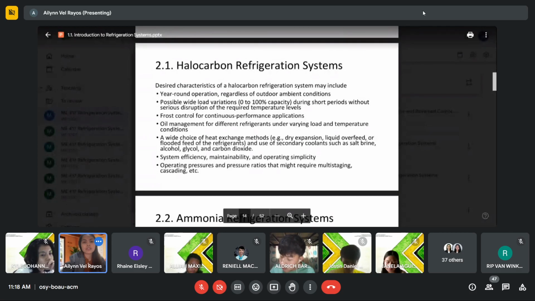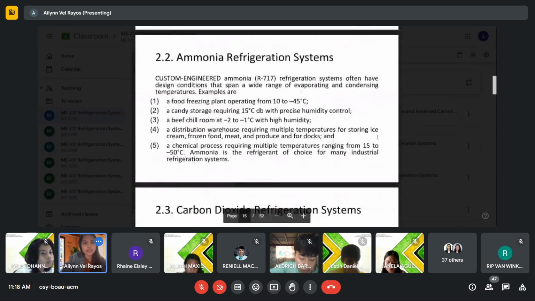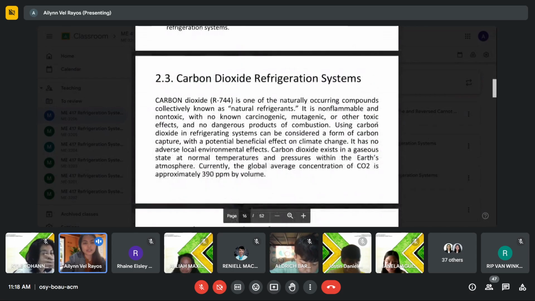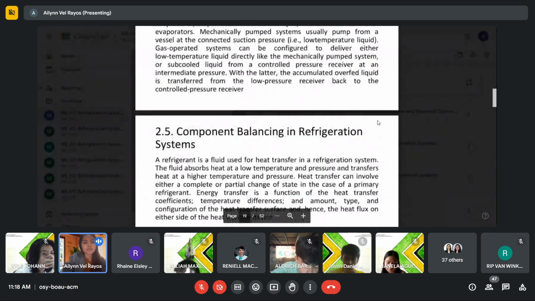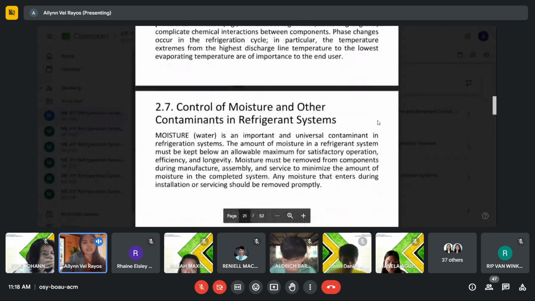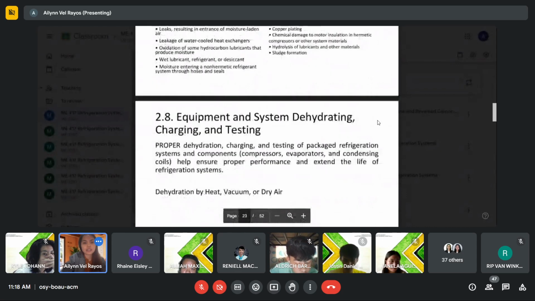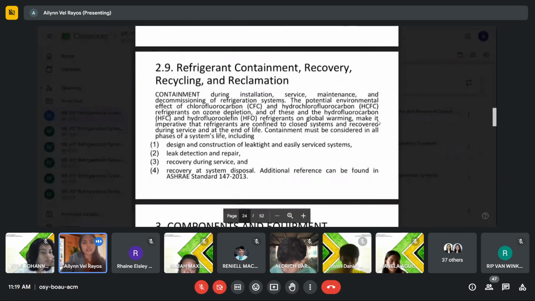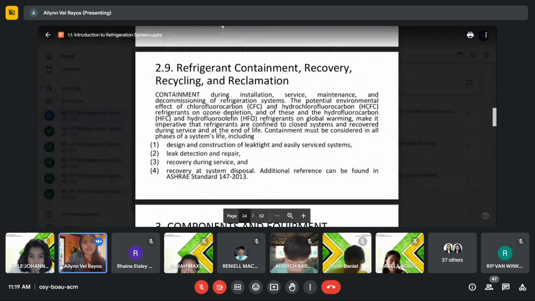Sa ibang student na to. 11, 12, 13, 14, 15, ito ay 16, 17, 18, 19, 20, 21. Hanggang dito 21. Clear ba tayo? Pataas naman ako ng kamay. Student 11 to 21.